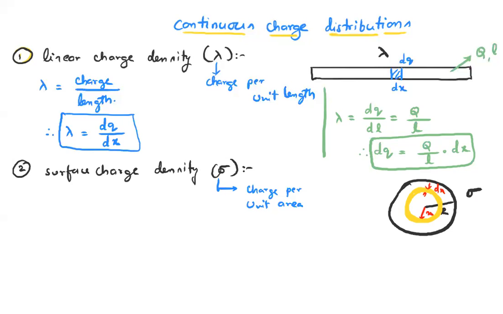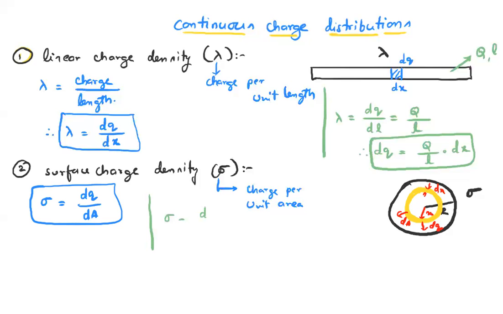This elemental area we can call dA, and the charge over this elemental area is dq. By the definition of surface charge density, sigma equals dq by dA. Just like what we have done before, we follow the same here.